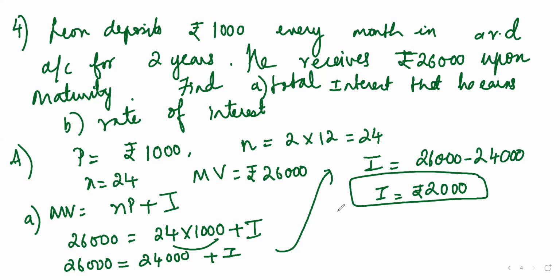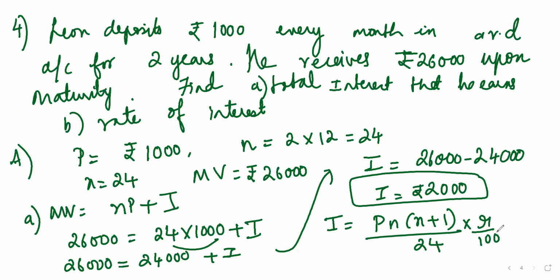Okay. And the rate of interest. So we need to calculate this. So now we can use the formula. I is equal to P into N into N plus 1 by 24 into R by 100. The shortcut, it's given as 2 into 12, but you can use this.